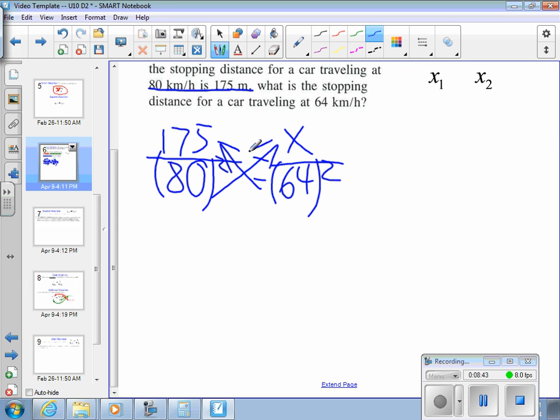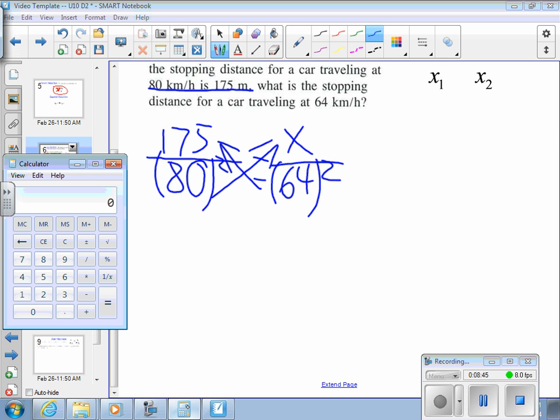And I'm told that I can use a calculator. So let's see here. 64 squared, 64 times 64 equals 4,096, and then we multiply that by 175. Whoops. Let me do that again.